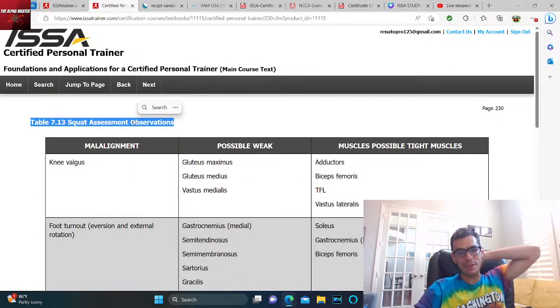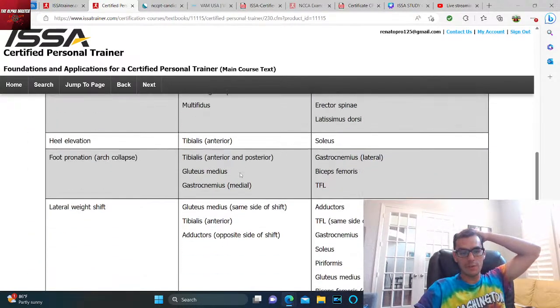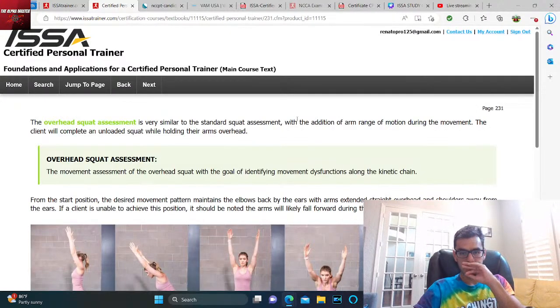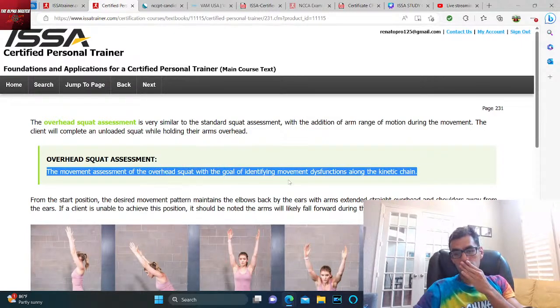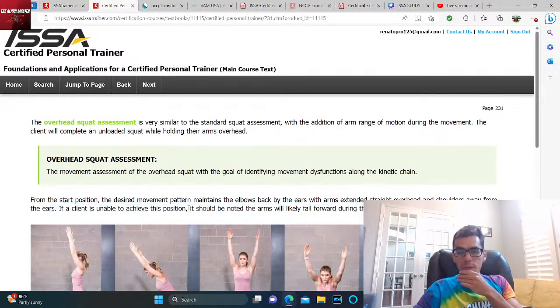Those are the squat assessment observations: knee valgus, foot turn out, forward lean, lumbar extension, heel elevation, foot pronation, lateral weight shift.